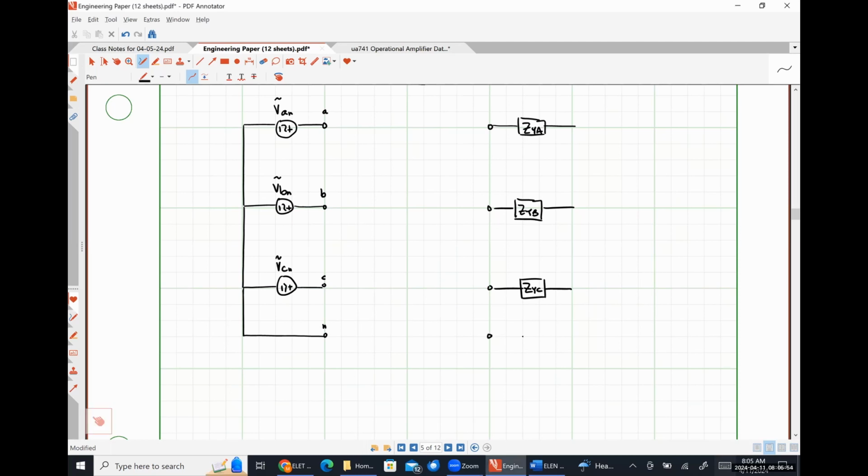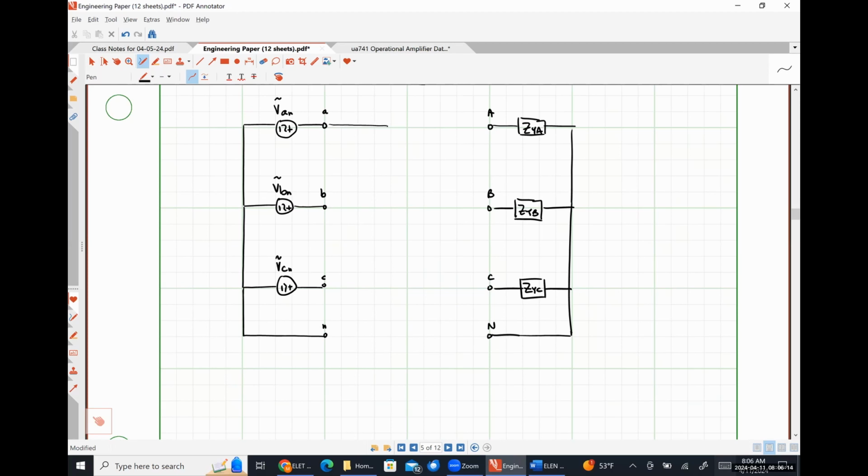Sorry about that. Actually, I shouldn't have an impedance here. Distracted myself. So here is my Y-connected load, capital A, B, C, and N.